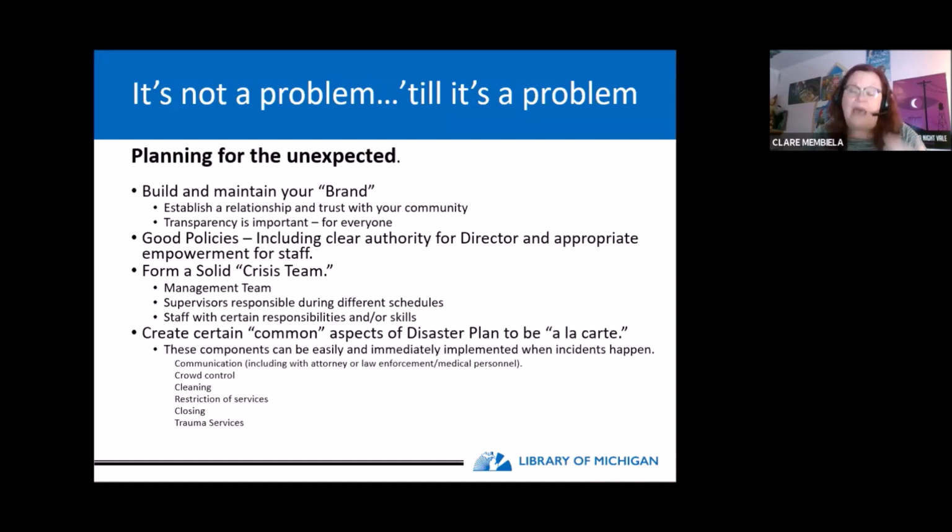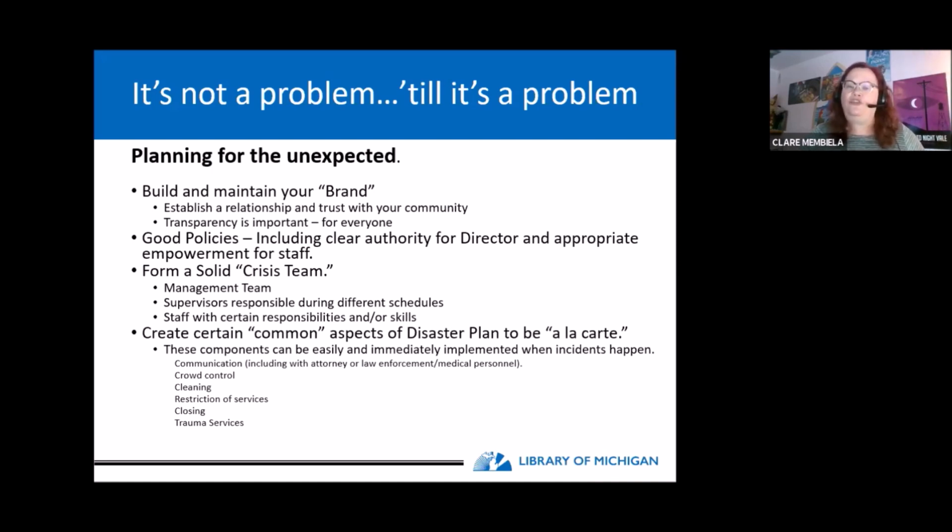so that when those unexpected crises come up, people are prepared, and you can say, oh okay, we have bed bugs. I know that in a crisis where there could be significant economic damage, or significant damage to the library brand, the director has the authority to close the library for a thorough extermination by the pest exterminator.